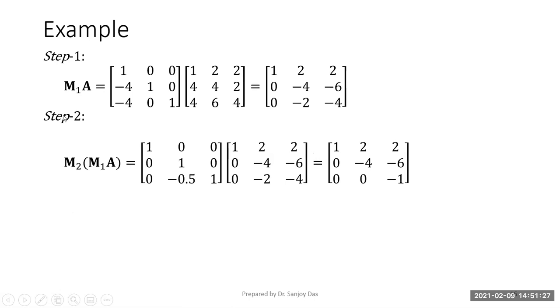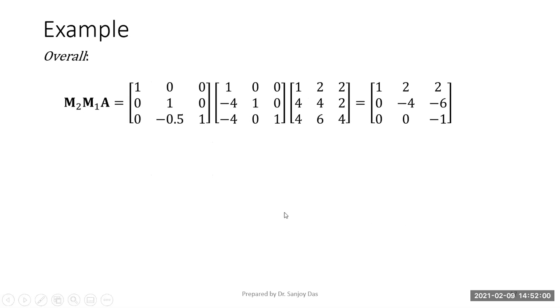So in step 1, this is what we did. This is the original A. We pre-multiplied it with M1 and got this at the end of step 1. This is the new A, which is actually M1A. Okay, this we pre-multiplied with M2. And then we got our result, which is an upper triangular matrix.